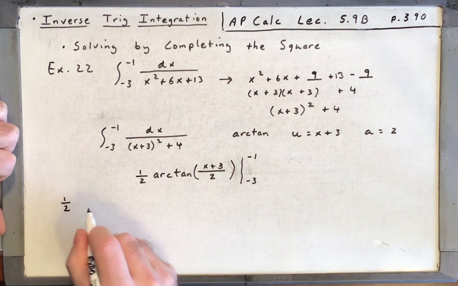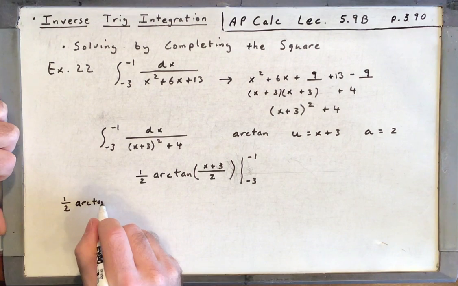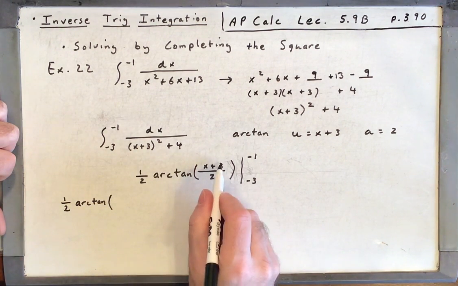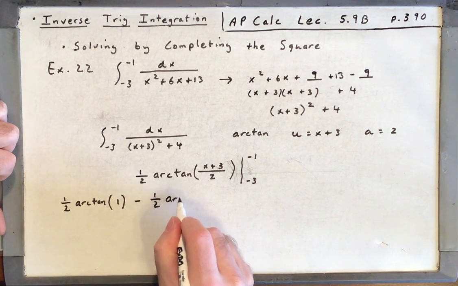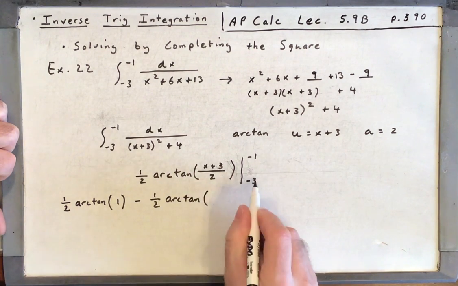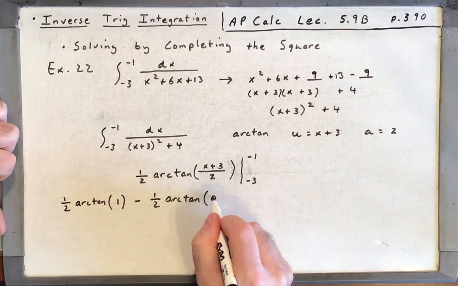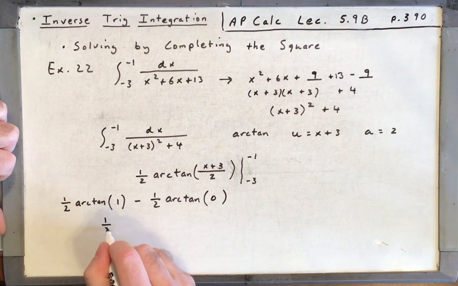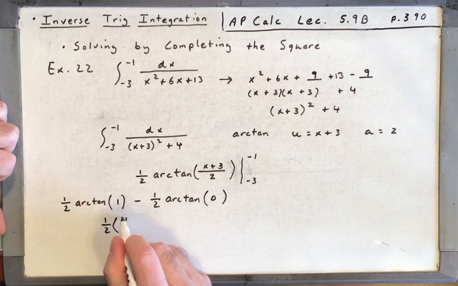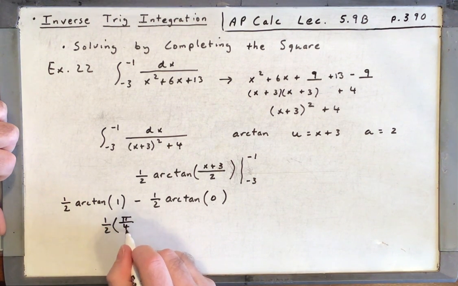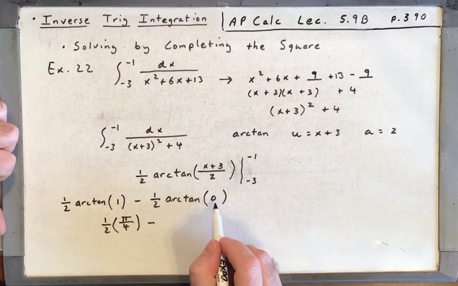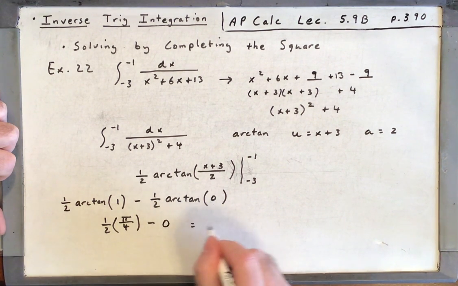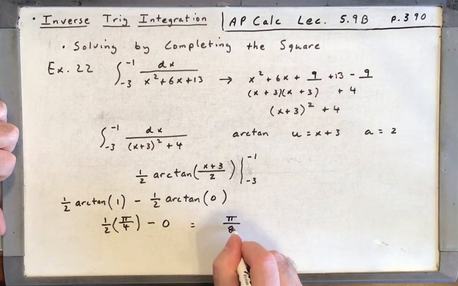So that's 1/2 arctangent. If I put a -1 in here for x, that's 2 over 2, so that's 1. Minus 1/2 arctangent. If I put a -3 in here for x, it's going to be 0. So that's 1/2 times the angle whose tangent is 1, which is pi over 4. The angle whose tangent is 0, remember tangent is sine over cosine, so it's the angle whose sine is 0, and that's going to be 0. So that is pi over 8.